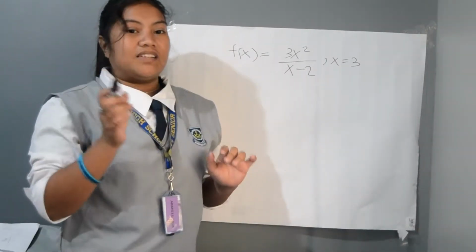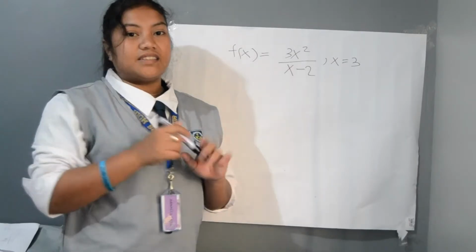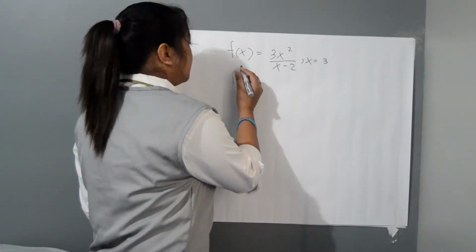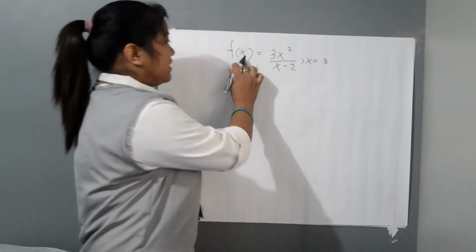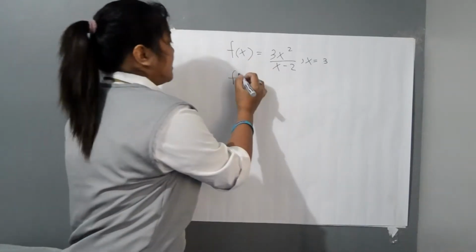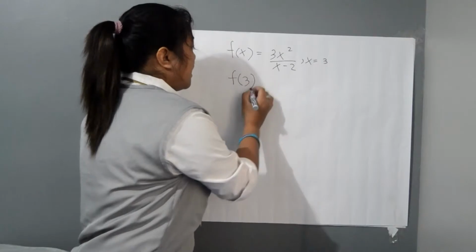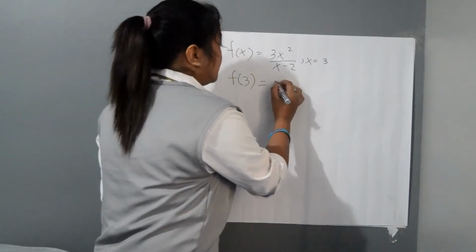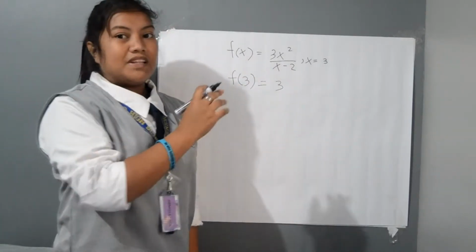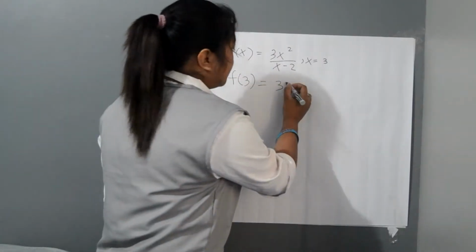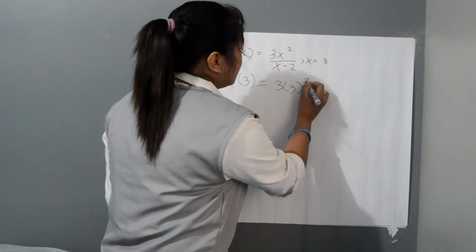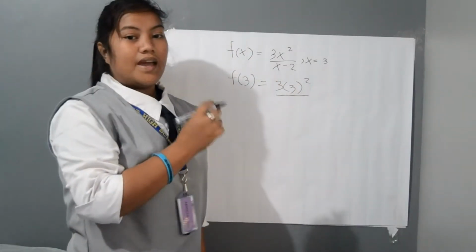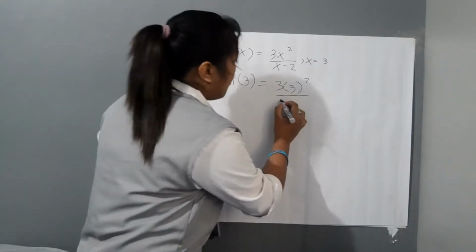F of x, papalitan natin yung x ng 3. f of 3 equals 3, papalitan na si x ng 3 raised to 2, over 3 minus 2.